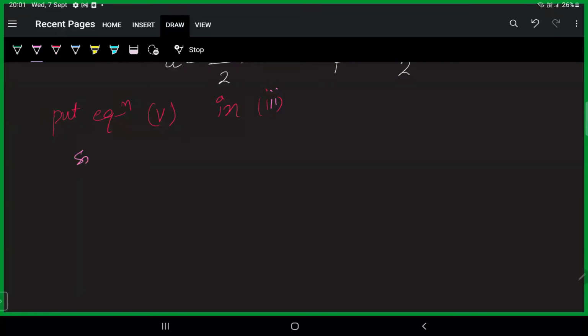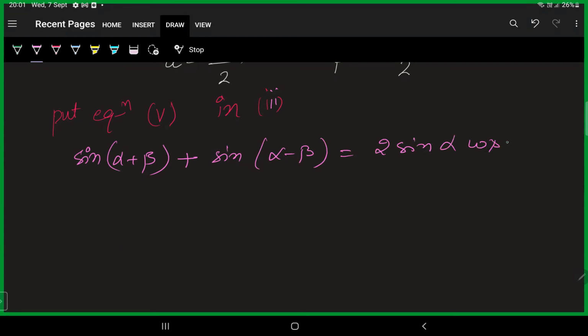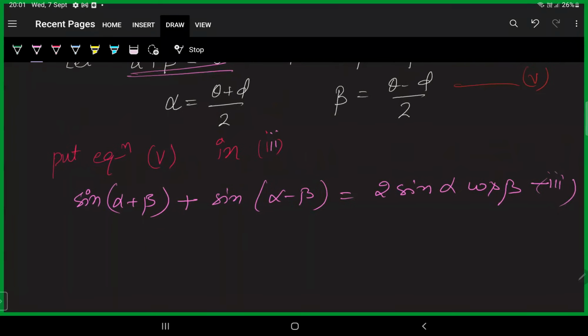Let me write equation number 3. Sine alpha plus beta plus sine alpha minus beta is equal to 2 sine alpha cos beta. That's what you have got, equation number 3. Now you substitute this equation number 5 in equation number 3.